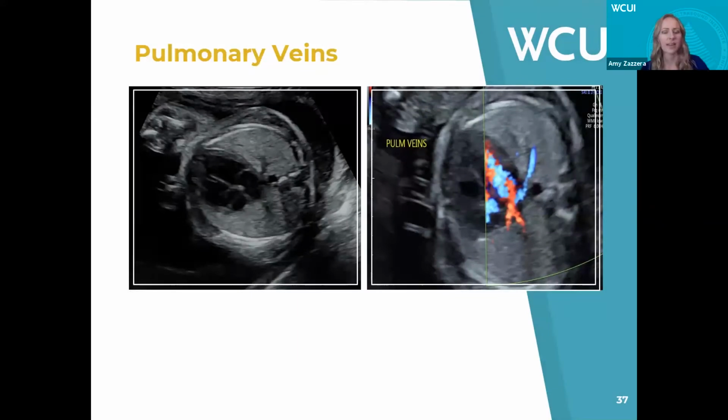All right, and then we see those pulmonary veins, the right and the left, and if you are having trouble getting those, Power Doppler is a great application to use since it picks up slow flow. That can really help you if you're having trouble getting the pulmonary veins in grayscale.